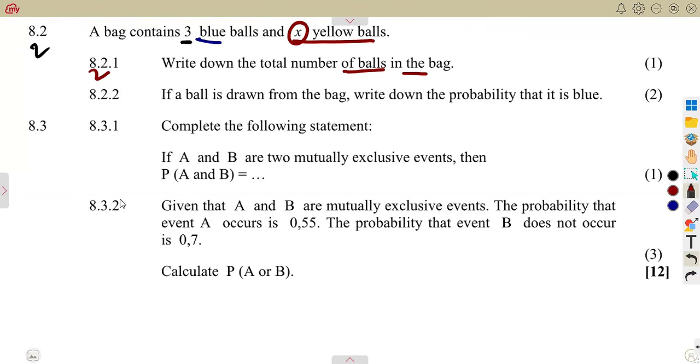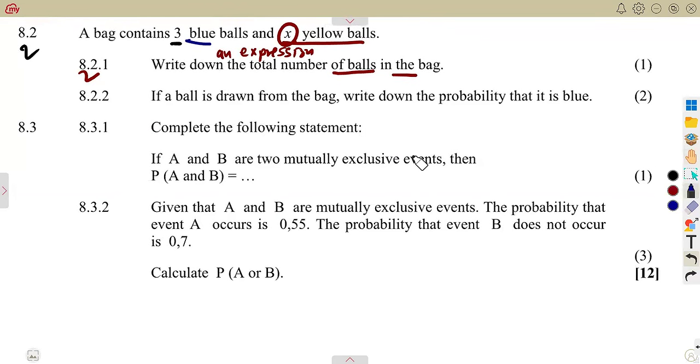They are given in terms of X. So we are going to have an expression. They are supposed to write it like this: write down an expression, because we do not have the numerical value. They ask it this way so that you understand what they are asking. So it's an expression for the total number that you're given, which is simply to add. So it was simply going to be 3 plus X.